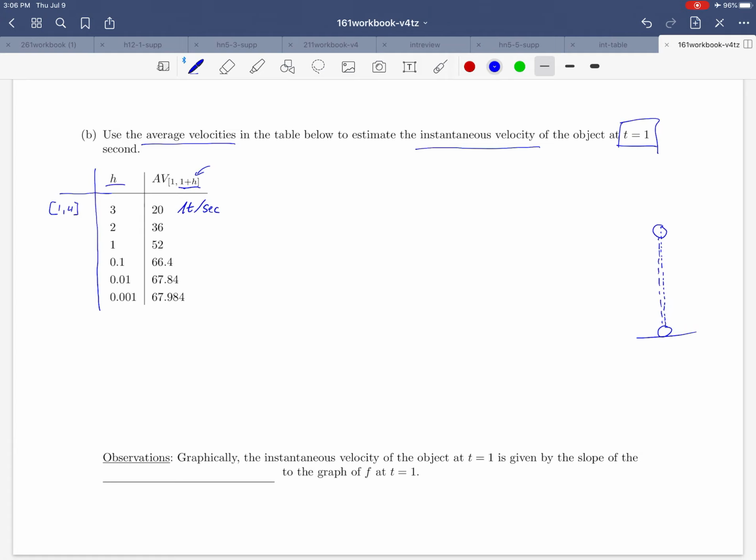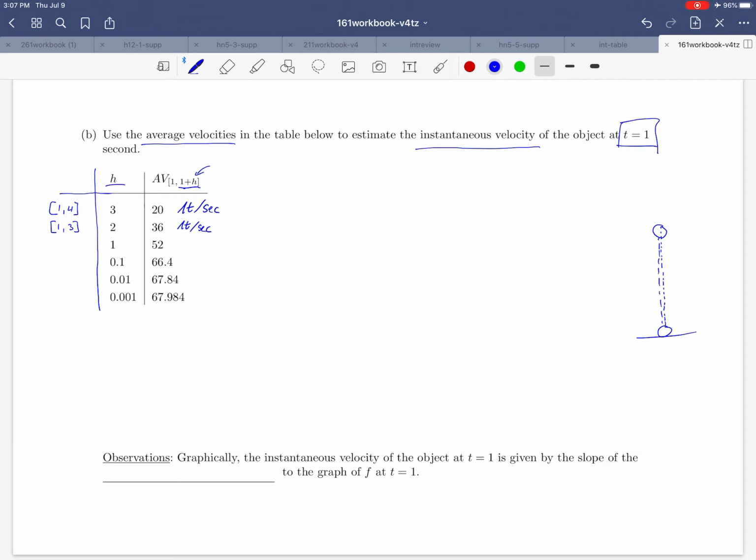For the second row, we have a shorter time interval. We are looking at h equals 2. We already looked at that as well. So this is a time interval from 1 to 3, from 1 to 1 plus 2, which is 3. And that was 36 feet per second. The other entries are new. We did not compute those ourselves, but we could.